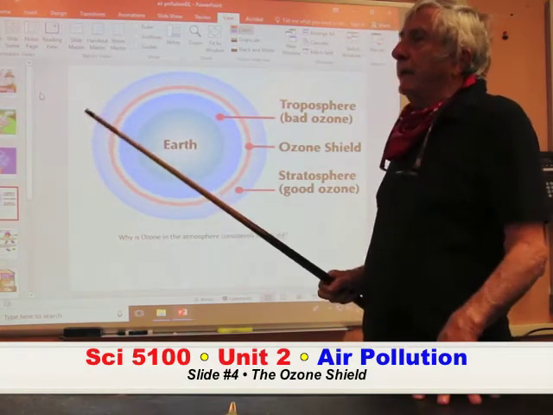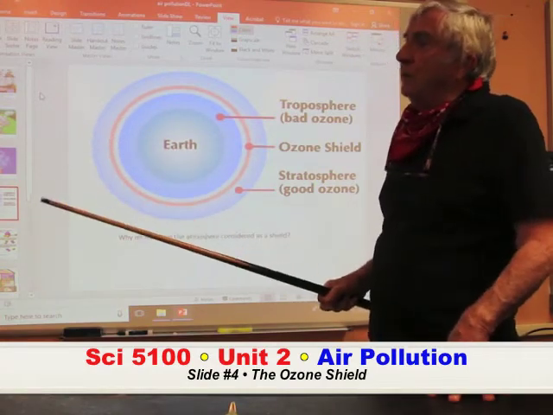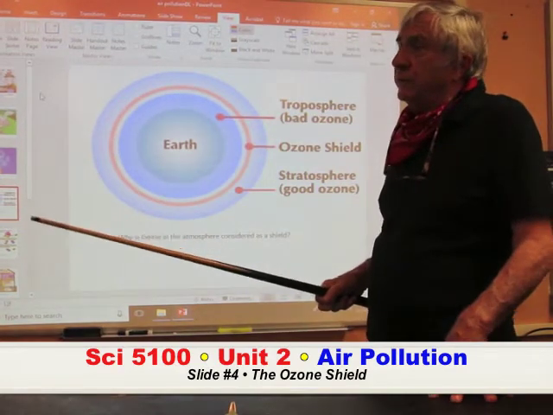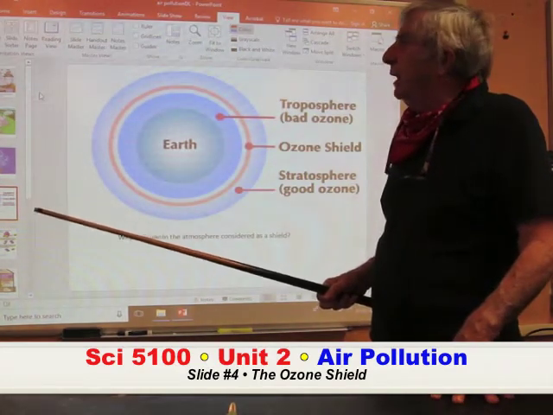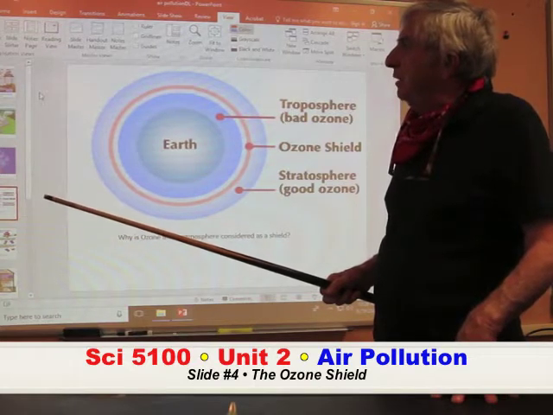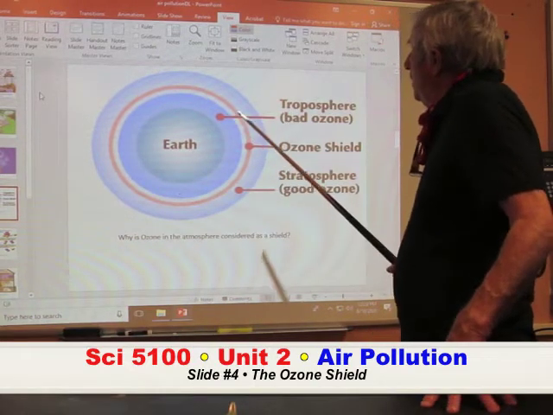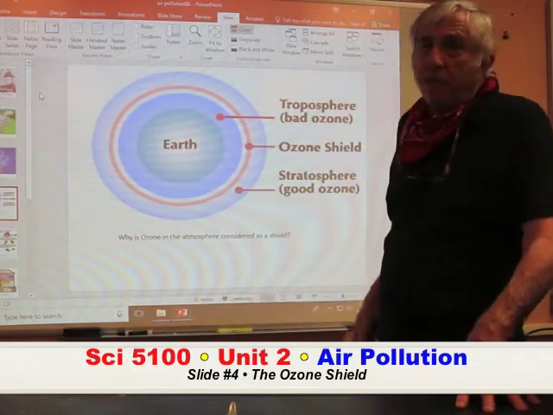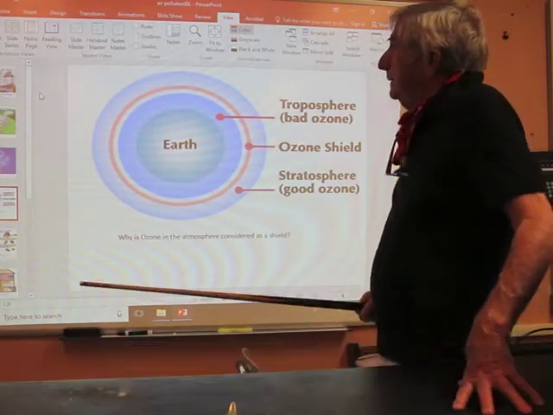A small amount is required, but a large amount can result in cancer of the skin and very harmful effects on the body. So here you have an example of ozone, which acts as a shield which protects the Earth from excessive amounts of ultraviolet light.